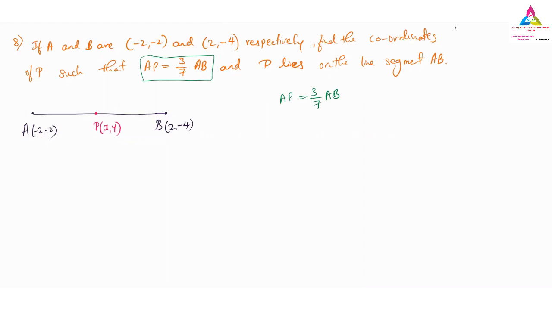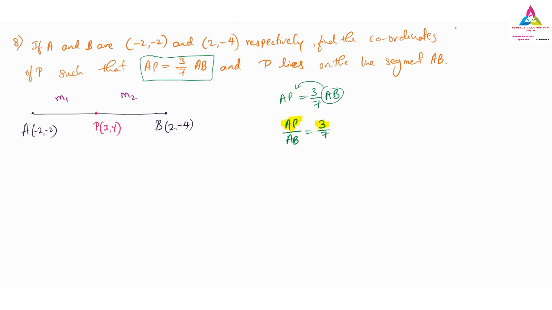Here what we have to do is bring this AB to the other side, so it will divide. So AP divided by AB is equal to 3 by 7 itself. All of you concentrate here. The AP value is 3, so AP value is 3 ratio, that is your M1.